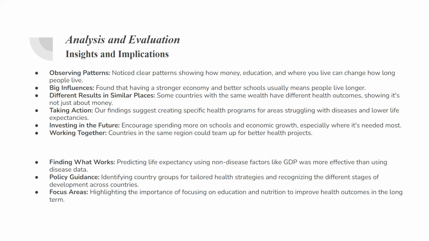And now what kind of action can we take from this? We were able to see the socioeconomic factors and determine positive correlations, but also we were able to see how factors could negatively affect life expectancy, like diseases, and using diseases to predict life expectancy.